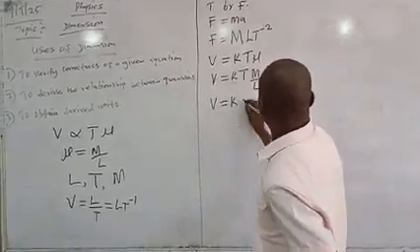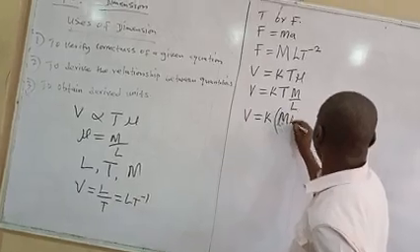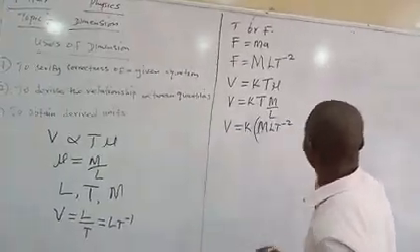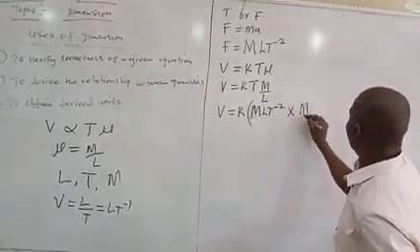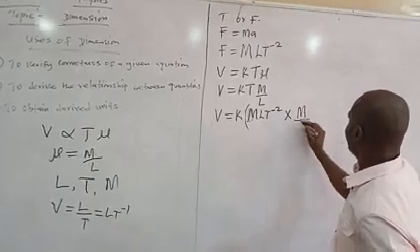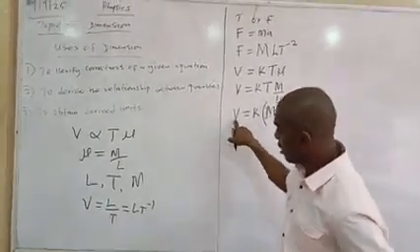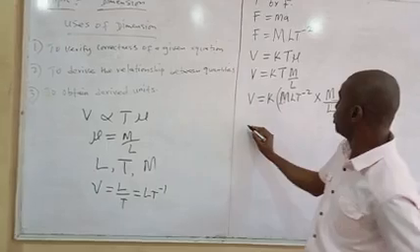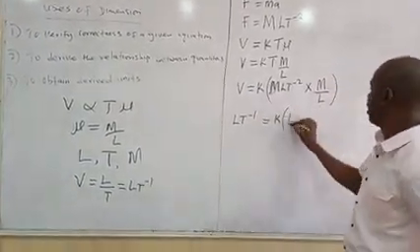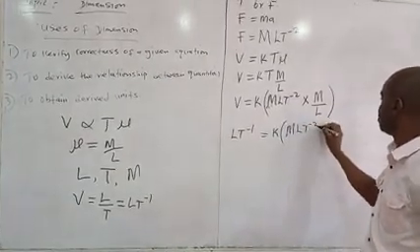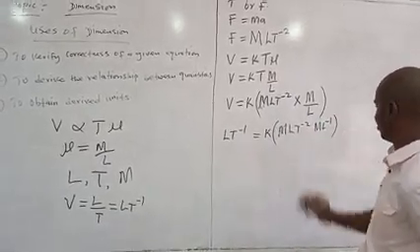K into MLT^-2 multiplied by what? M over L. So that of V is LT^-1. So we substitute LT^-1 equals K into MLT^-2 times M over L. So take this up, we have ML^-1.